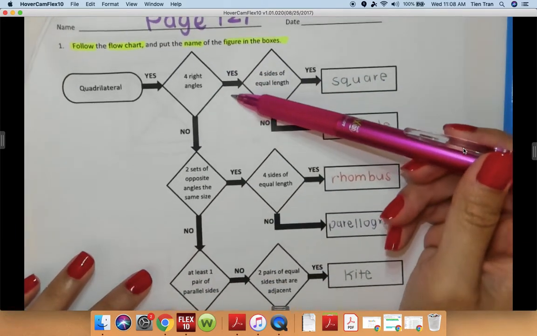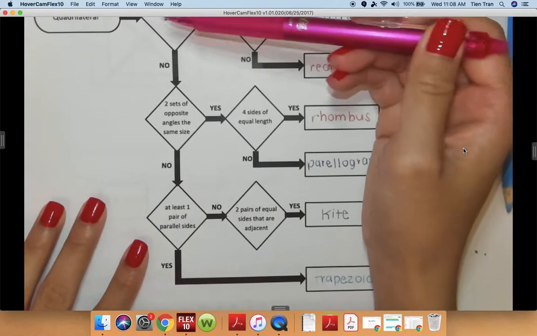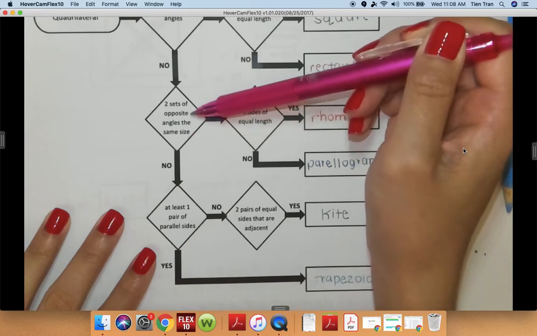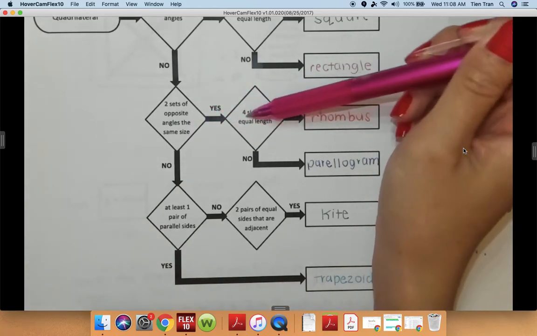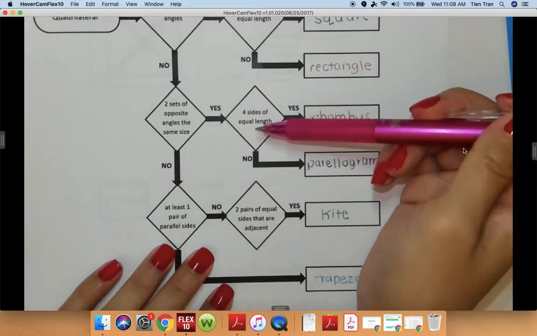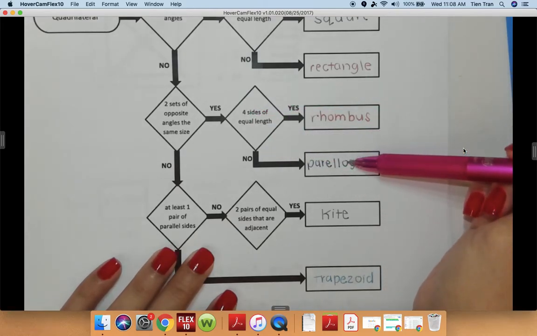Now, a quadrilateral that does not have 4 right angles, but has 2 sets of opposite sides and angles of the same size, with 4 sides of equal lengths, is called a rhombus. Okay? Now, what if it doesn't have 4 sides of equal lengths? Then it is called a parallelogram.